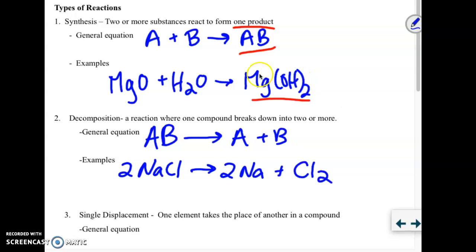So here you have one reactant that's breaking down into 2 products. So that's your kind of big red flag here, is that you have one reactant over here. Also, synthesis and decompositions, if you notice, are opposites of each other.